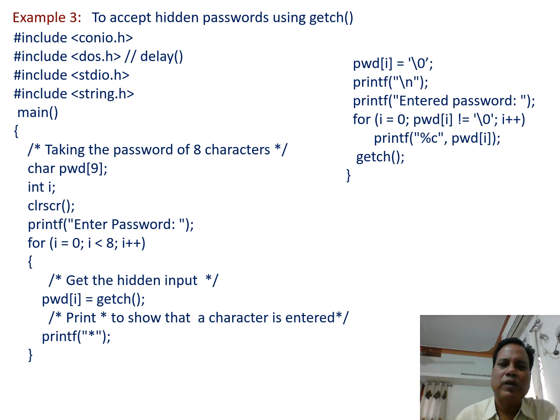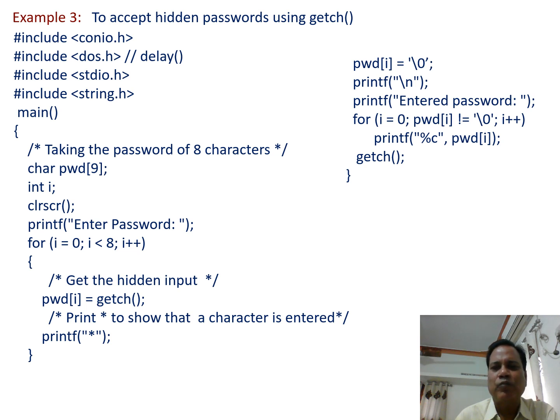Now here we see that a number of header files are used, as we are using a number of functions in the program that are present in different header files. For example, clrscr and getch, these two functions are present in the console input output header file.